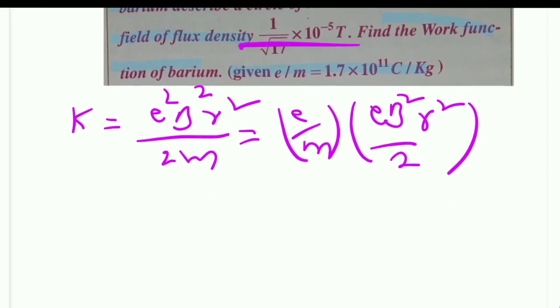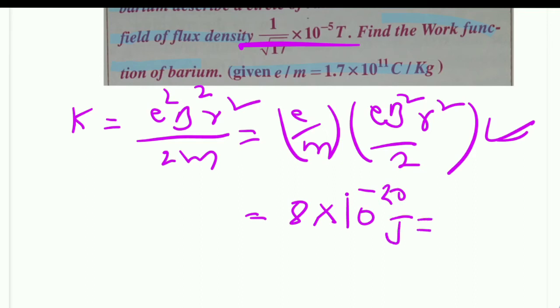Substituting these values in this equation and solving, we get the answer 8 into 10 to the power of minus 20 joules. This value is 0.5 electron volts.